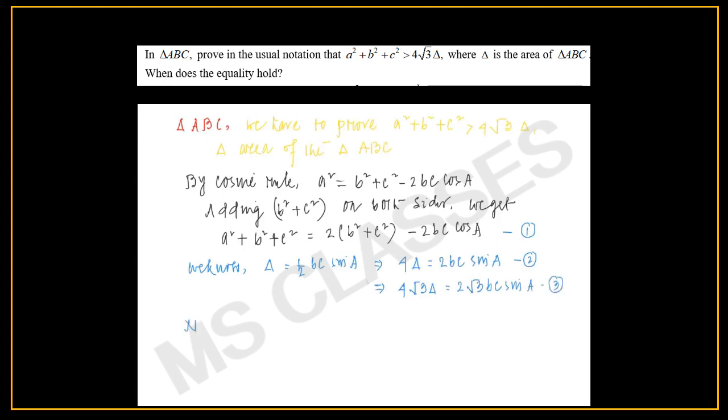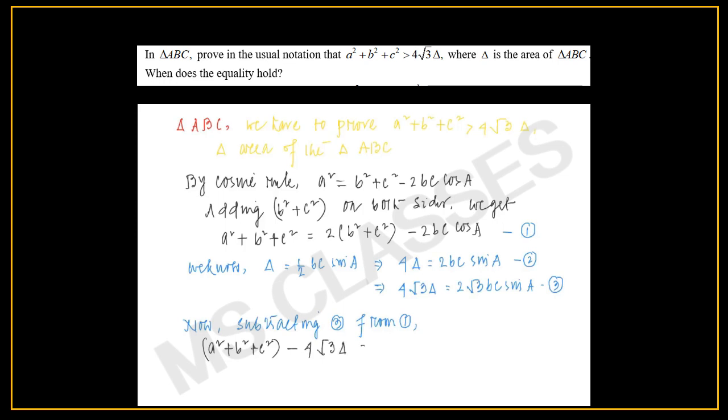Now, subtracting equation 3 from 1, we get a square plus b square plus c square minus 4 root 3 times the area.